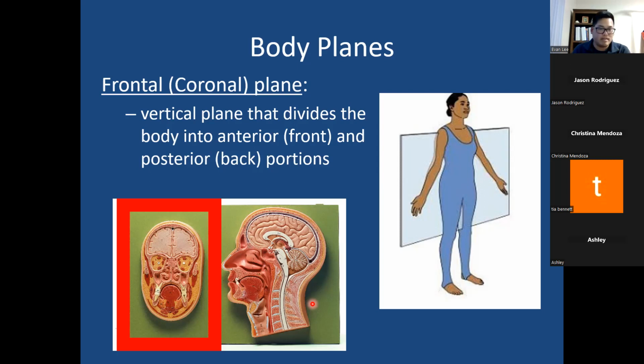The name for this plane is called the frontal plane. So the frontal plane, otherwise known as the coronal plane, is going to be making a front and back portion. You can see how it's very different, although still vertical.